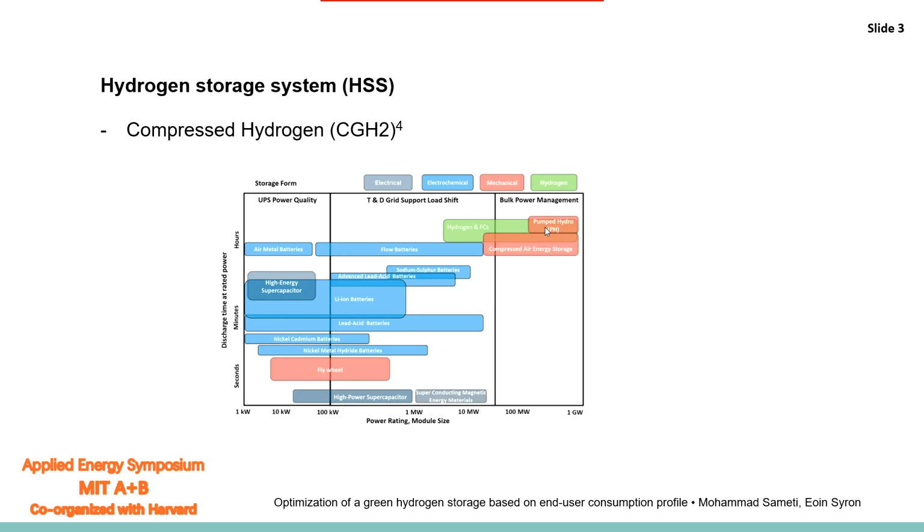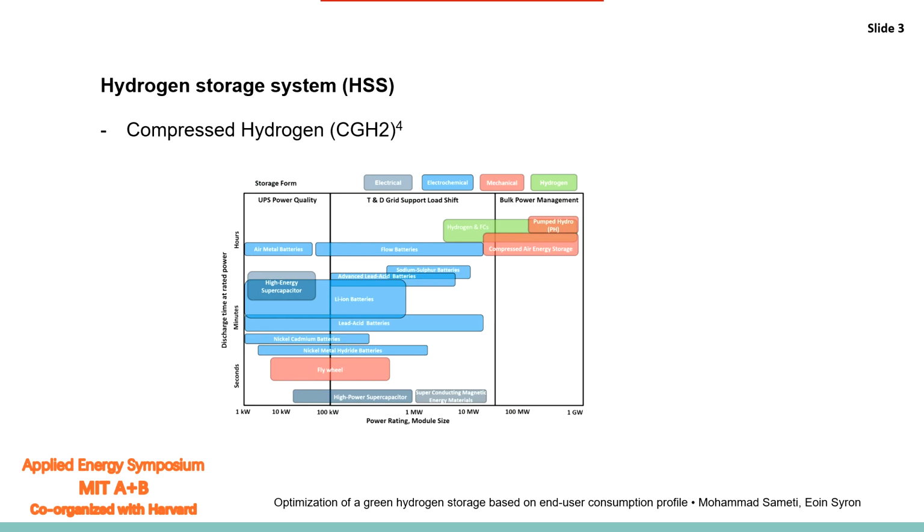We see that pumped hydro covers part of it, and it covers the highest level of power. But if you look at that, we can see that pumped hydro needs a wide area for the storage systems, but hydrogen and fuel cells are much smaller, and we can use them for a variety of applications.